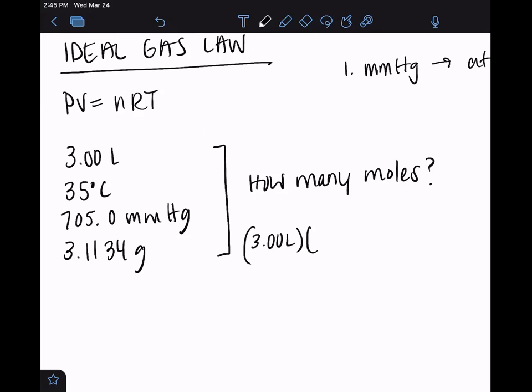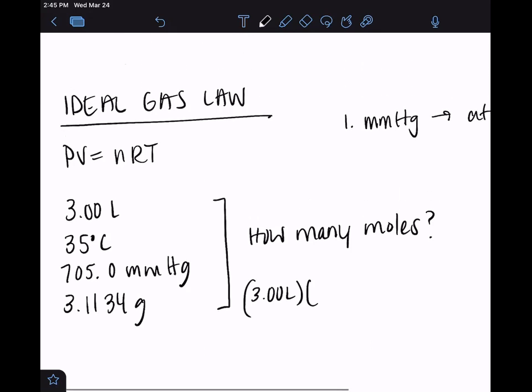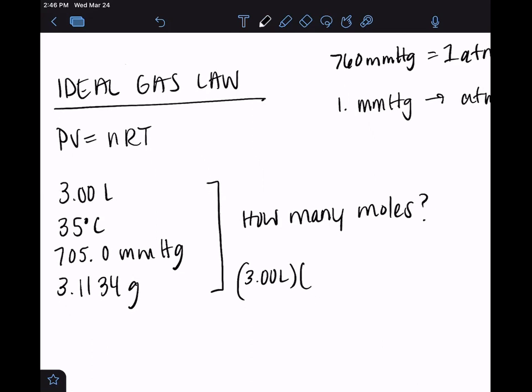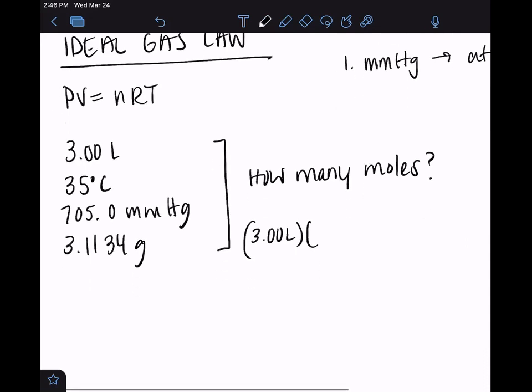So what you'll do is you'll say, well, 760 millimeters of mercury is equal to 1 atmosphere. So if we had 705 millimeters of mercury, you're going to divide that by the 1 atmosphere. So you have to convert first.